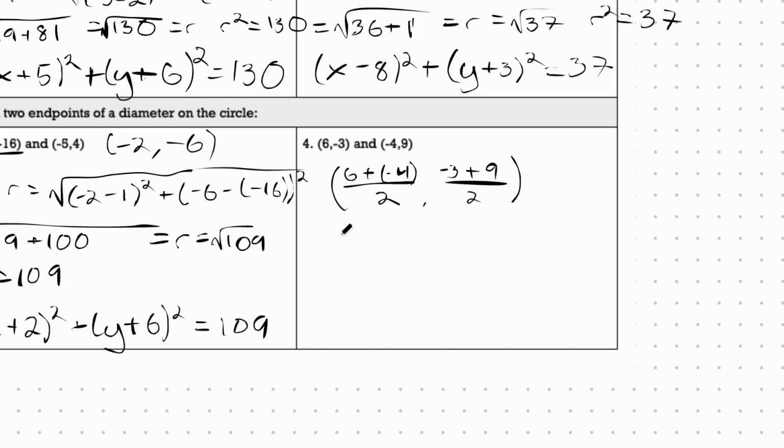That's going to give us 2 over 2, and then 6 over 2, which is the same thing as (1, 3). So our center is (1, 3).